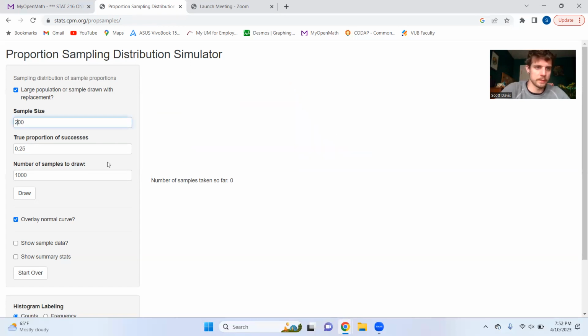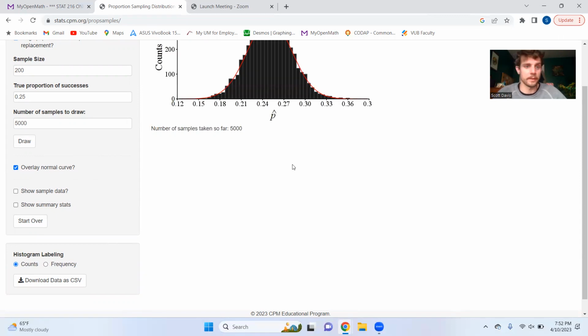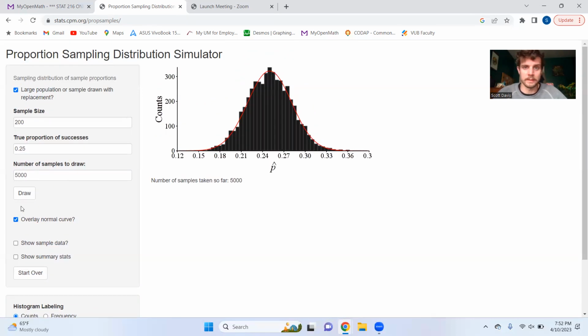Let's change our sample size to 200. Let's draw 5,000 samples just so that we can see. Give it just a second. And then I'll also show us these summary statistics so we can note what the central limit theorem tells us about these distributions.